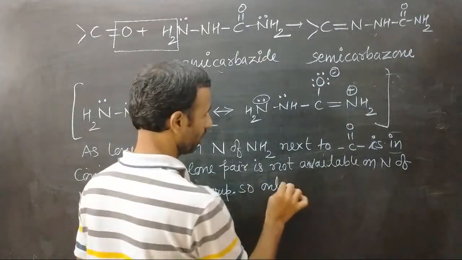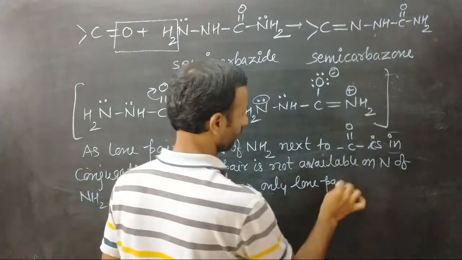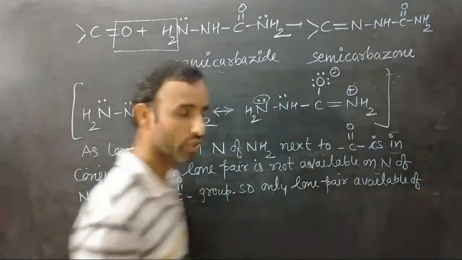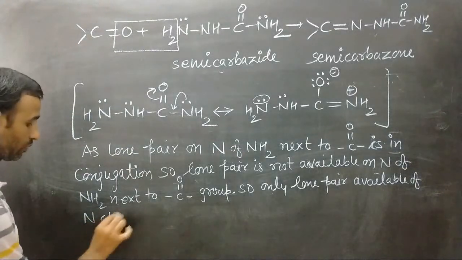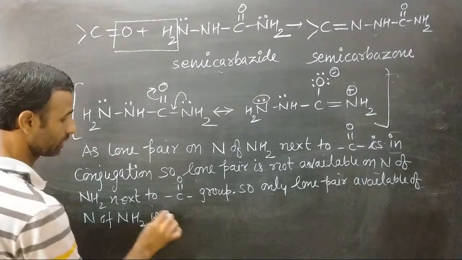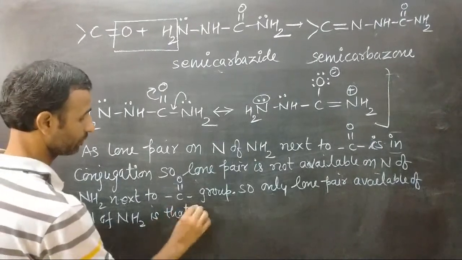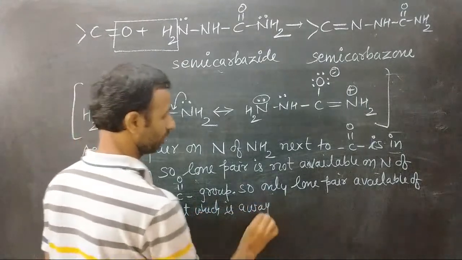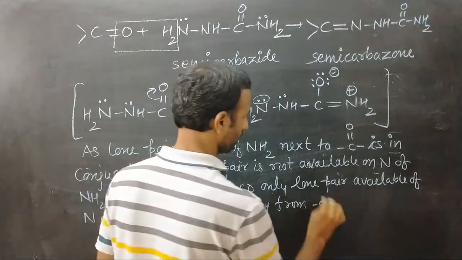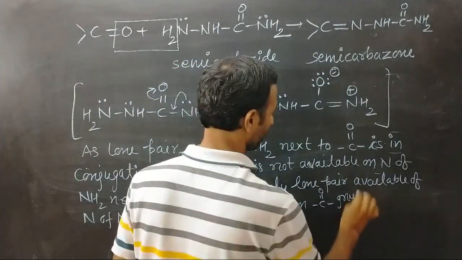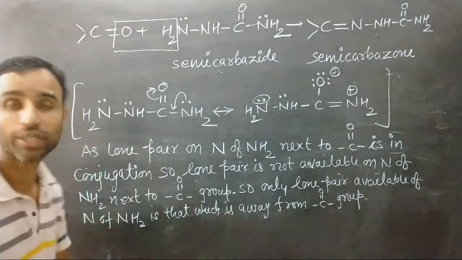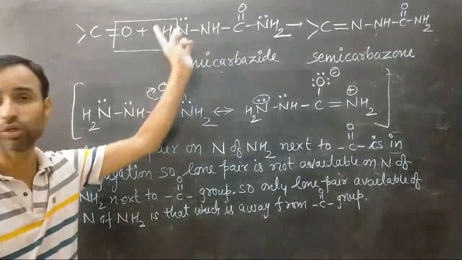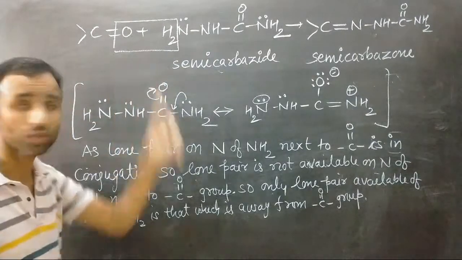So the only lone pair available on nitrogen is that of the NH2 which is away from the CO group. That's it. That is a very important question: why is the NH2 which is away from CO involved in the reaction with the carbonyl group?